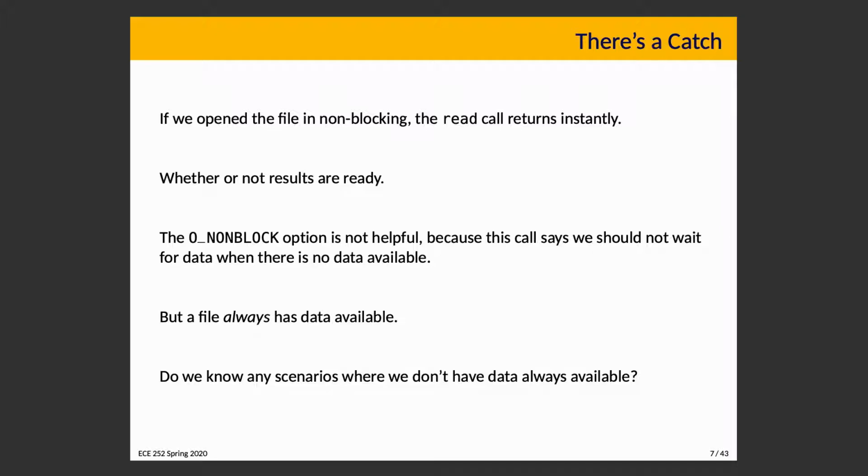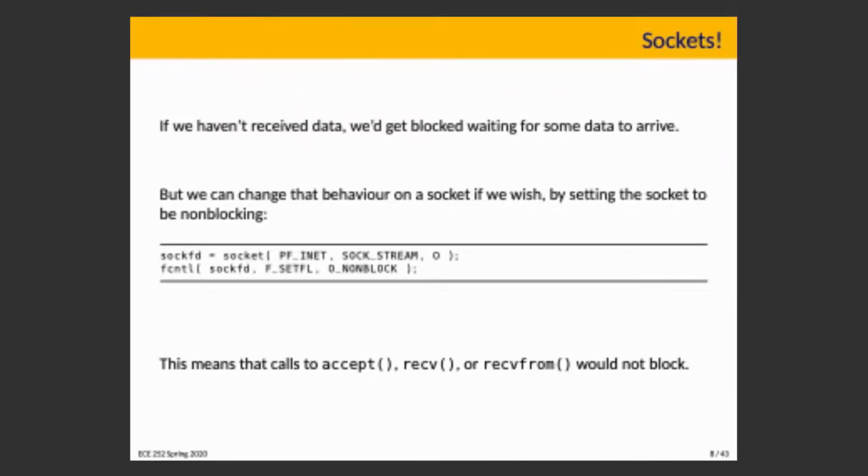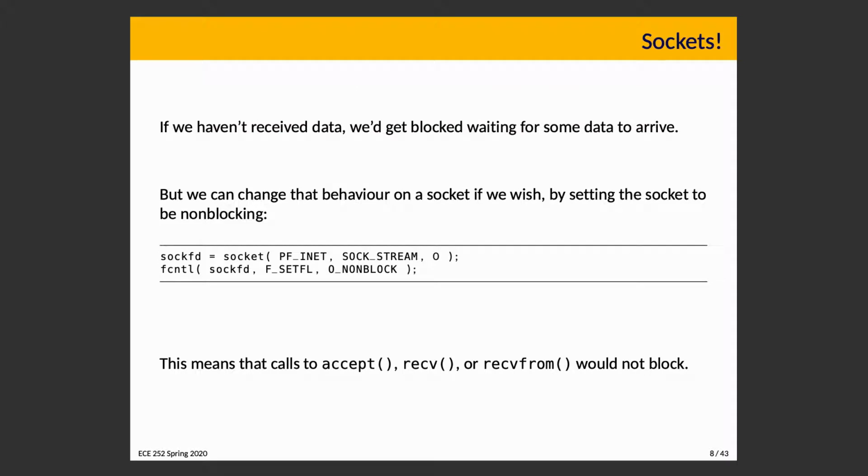Is there some other scenario that you could think of where we don't always have data available? Yeah, if you said sockets, you are correct. This is an example of something that we already got into much earlier in the course: here's some data.